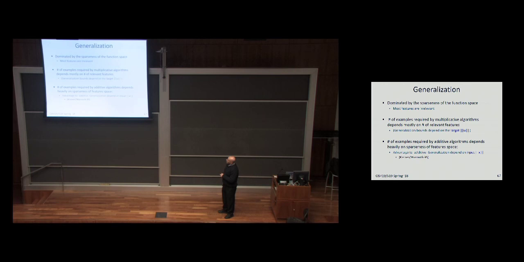It turns out that multiplicative algorithms mostly scale with the size of u, with the sparsity of the function space, and additive algorithms mostly scale with x, the sparsity in the feature space.